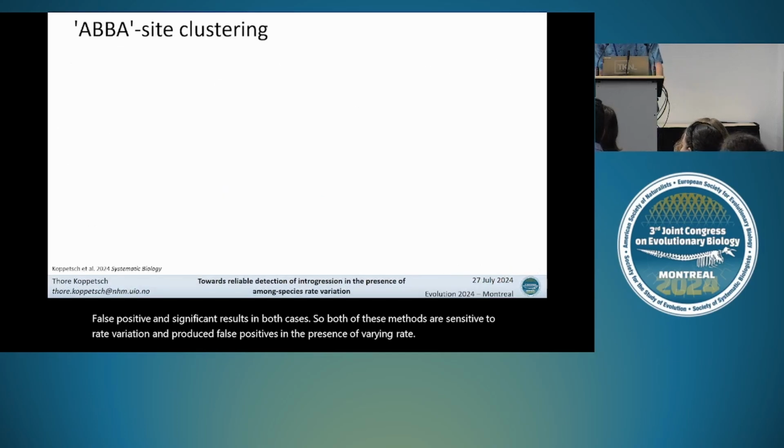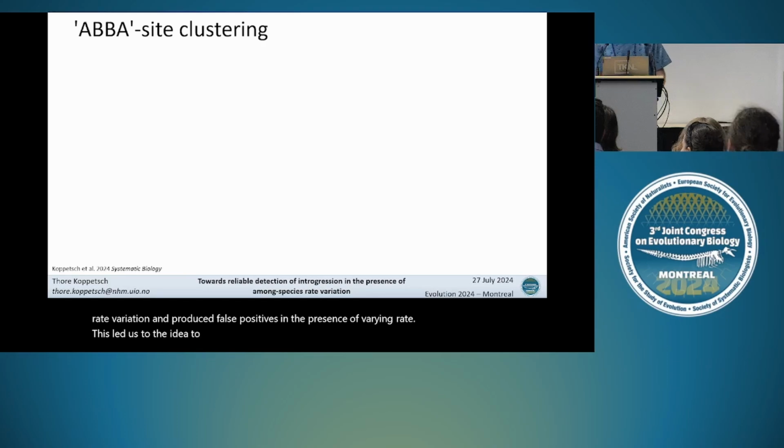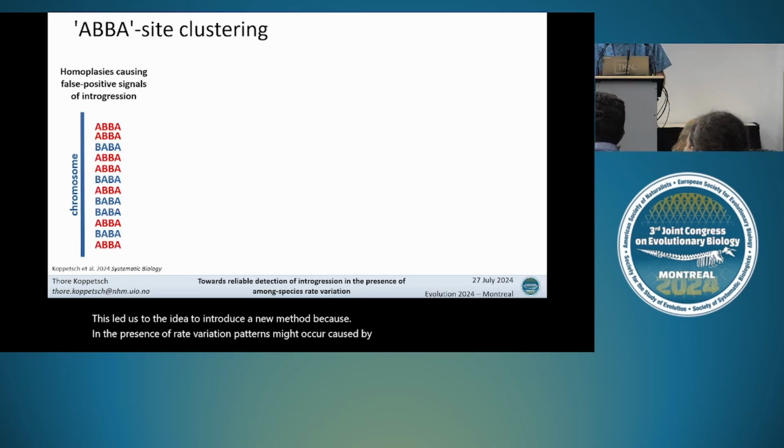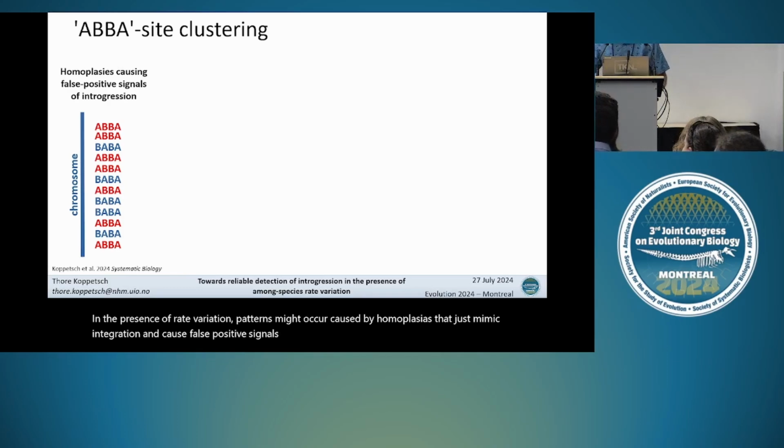This led us to the idea to introduce a new method, because in the presence of rate variation, patterns might occur caused by homoplasies that just mimic introgression and cause false positive signals, as you can see here, indicated by randomly distributed ABBA patterns along the chromosome.